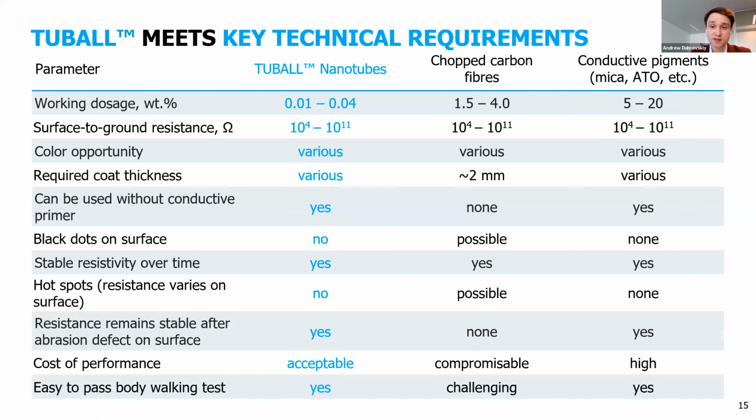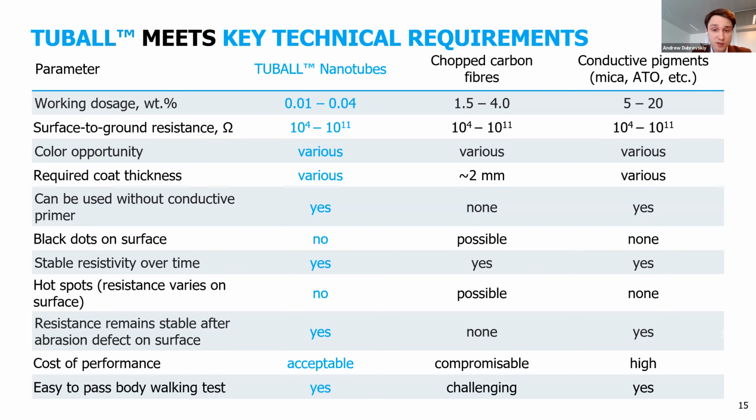Generally, due to some technological features, you need to orient chopped carbon fibers in the top coating, and that limits the final thickness of the top coating. It should be at the level of 2 or 3 millimeters.